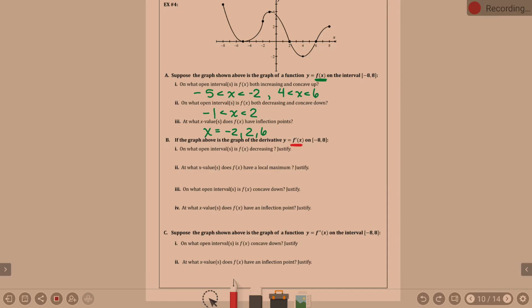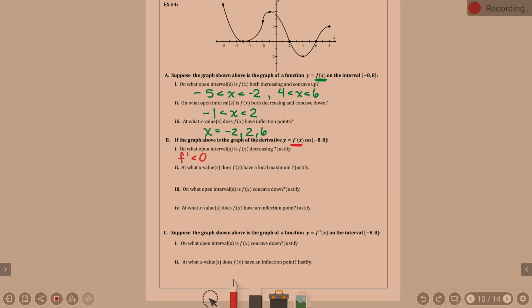So we're looking at a derivative graph, and we want to know where the original graph that we don't see is decreasing. So f is decreasing when f prime is what? Negative. Right, okay.